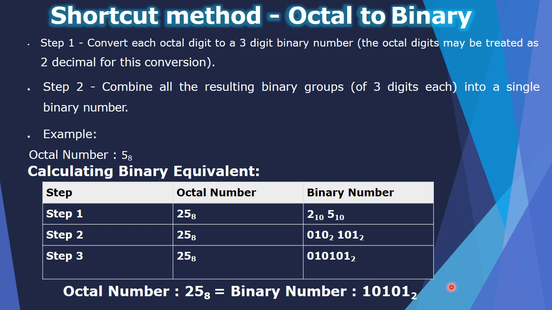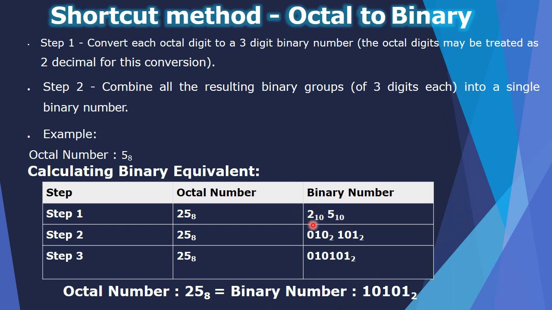Example, over here I have given you a short example, 25 to the base 10. So how do you calculate now? 25 over here to the base 10. While converting this octal into binary, you will write 2 to the base 10 and then 5 also to the base 10.